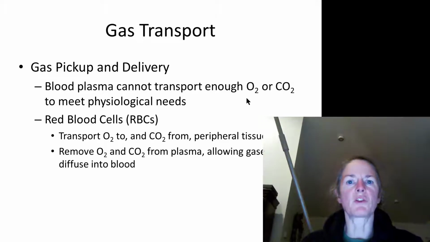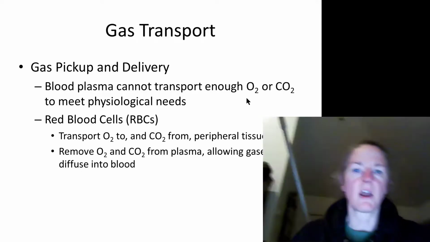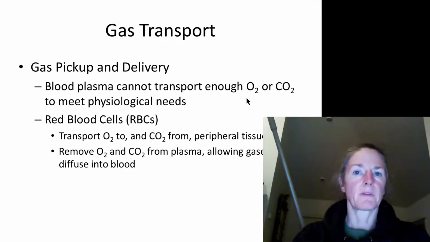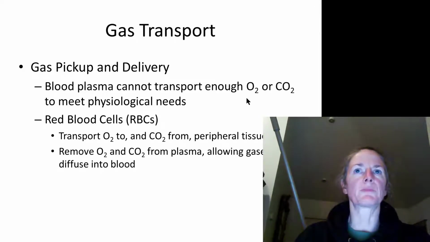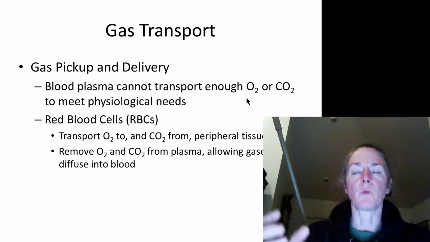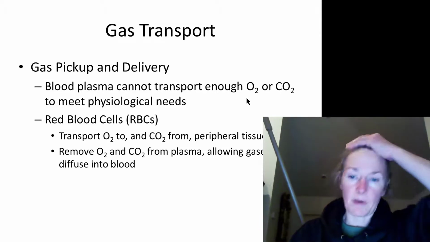And so we will find that the majority of our carbon dioxide will be transported as bicarbonate ion. And then the hydrogen will be buffered until the trip to the lungs, where this is recombined. We get our carbon dioxide and water back, and then we can off-gas our carbon dioxide.